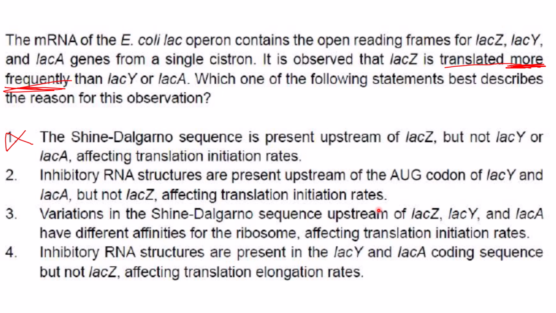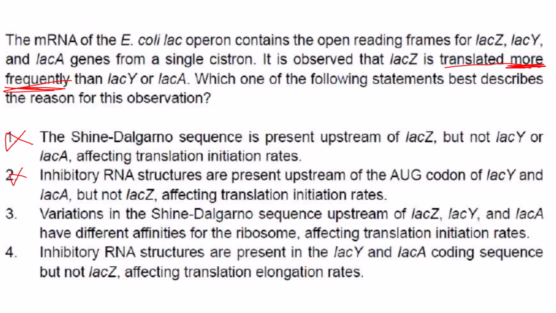But here they have told in the question that lac Z is translated more frequently than Y and A. They have not told that lac Y and A are not translated at all. They have told that Z is translated more. So 2 is also not correct.